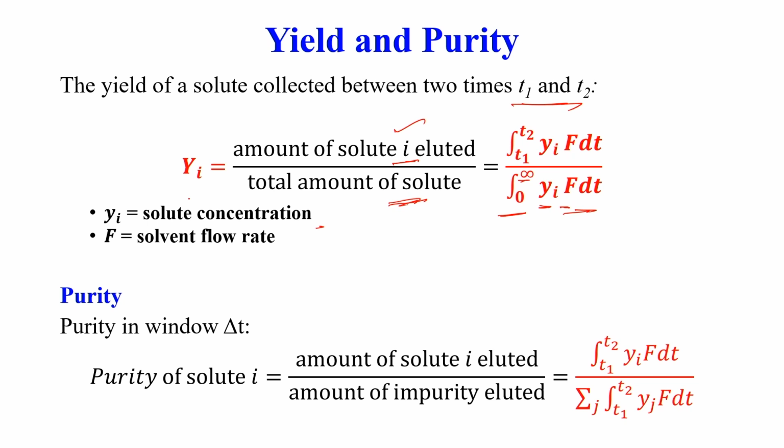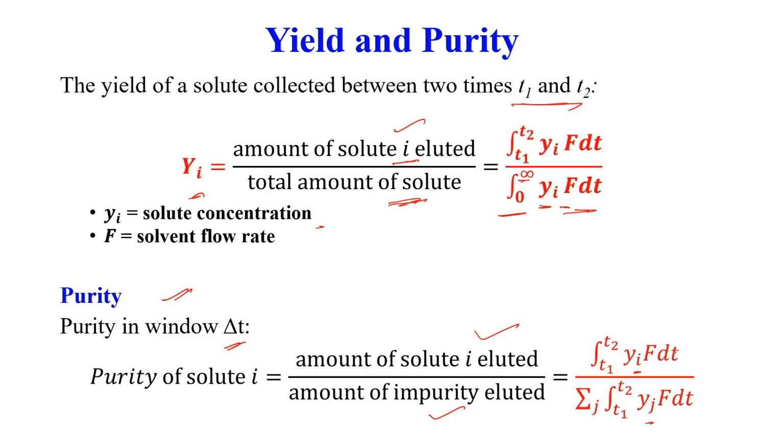In this way, we can calculate the yield of the solute, and at the same time it is important to calculate the purity. So, purity in the same given window delta T, T1 to T2, will be the amount of solute eluted divided by the amount of impurity eluted. Let us say i is your solute and j is the impurity.